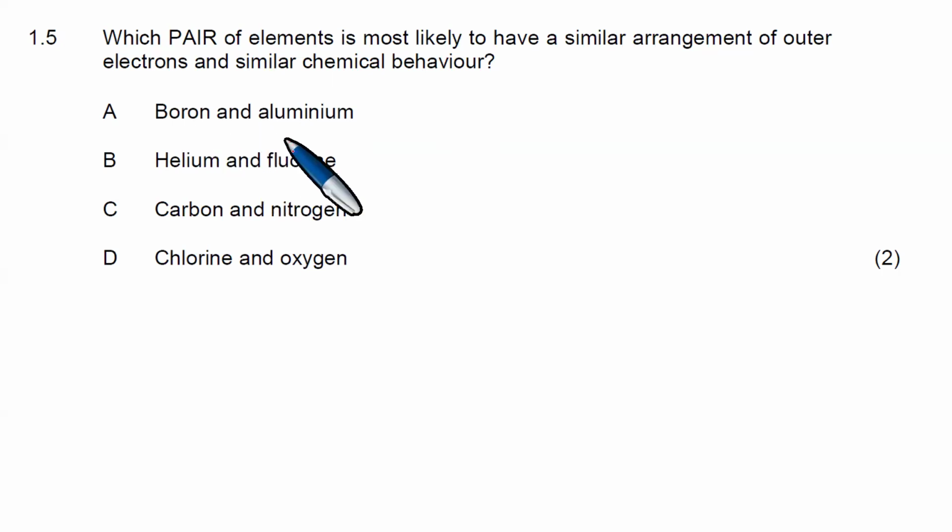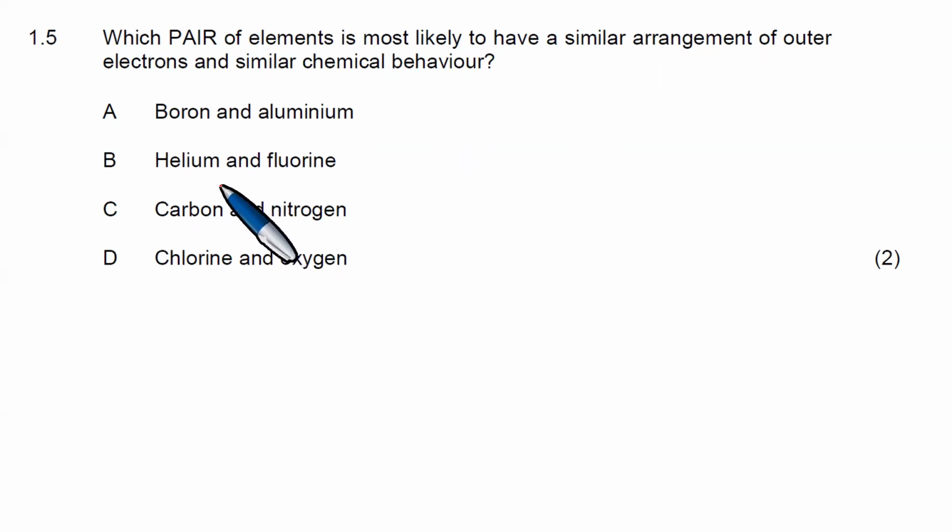Is it boron and aluminium, helium and fluorine, carbon and nitrogen, chlorine and oxygen? Which one? Which pair of elements is most likely to have similar arrangement of outer electrons and similar chemical behavior?